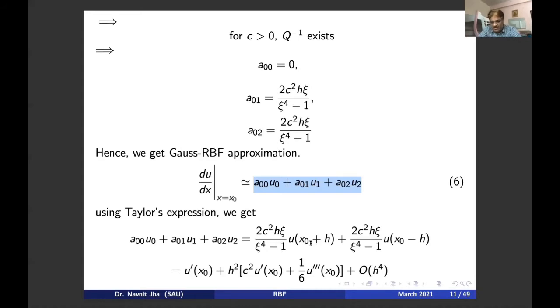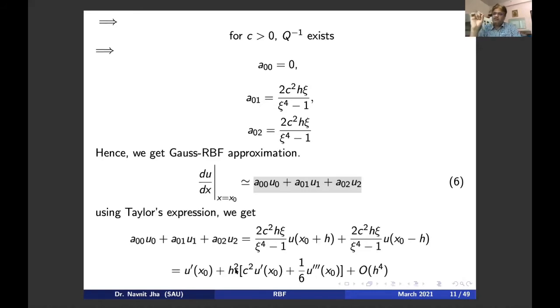These two terms, U at X0 plus H and U at X0 minus H, you will find, please note the right hand side, it is the U first derivative plus some terms that consist of H square, including the same parameter C, plus order H4. In a nutshell, I can say that this quantity is basically the first derivative of U at X0 plus order H square. So this radial basis function combined with finite discretization gives a second order approximation of the first order derivative.